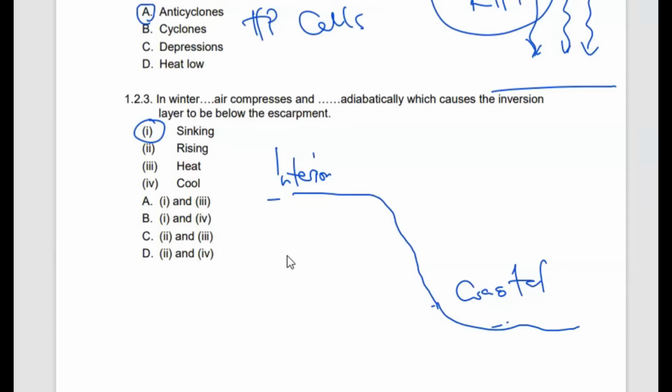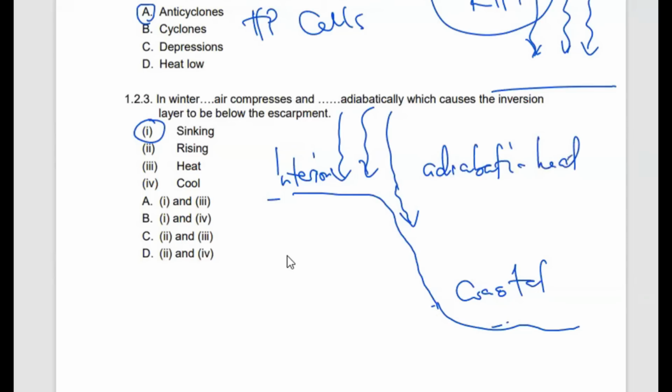If air is sinking, there's strong descending air, and this air definitely is going to force itself down the escarpment. If the air is going down the escarpment, we know well that there is a concept of adiabatic heating. The air will heat adiabatically. We are saying the air is heated without the influence of the external environment. It heats up internally because of changes in pressure.